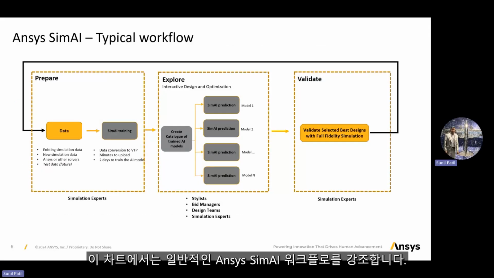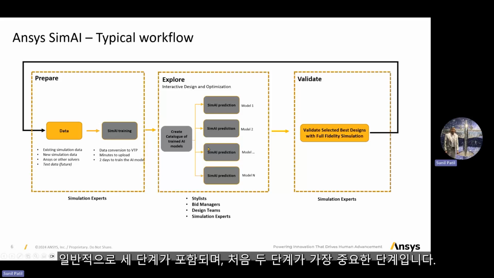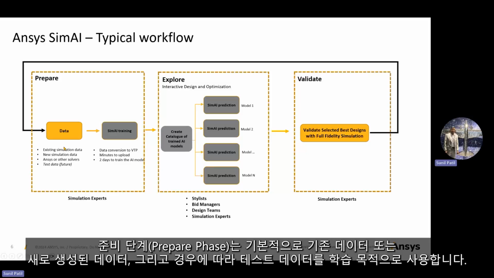So here on the chart, I'm highlighting a typical workflow for the ANSYS SimAI. It involves typically three steps, and the first two steps are the most important ones, where you're starting with a prepare phase where you are using existing data or newly generated data, and in some cases even the test data for training purposes.